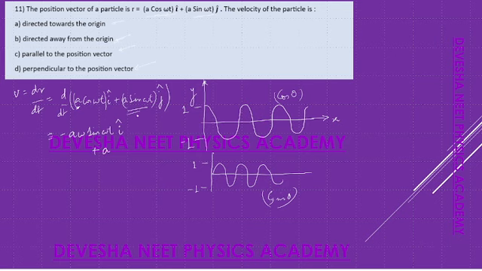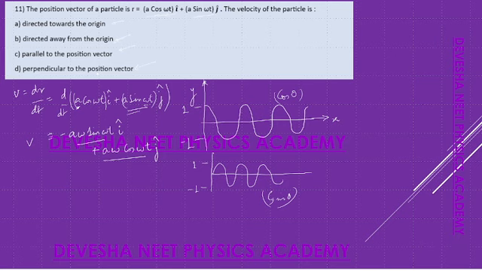So a sine omega t, if we differentiate this with respect to t, then omega will come outside. The differentiation of sine is cos, so this becomes a omega cos omega t j. Okay, so this is the velocity here.